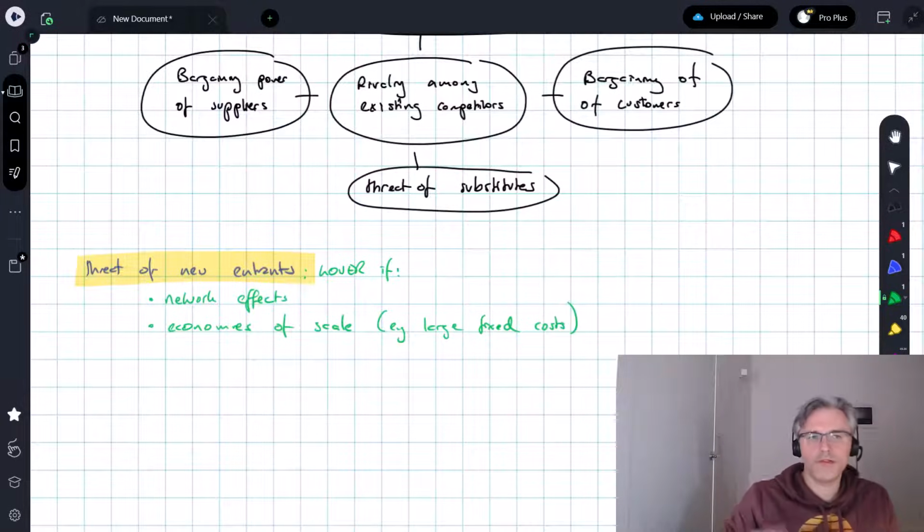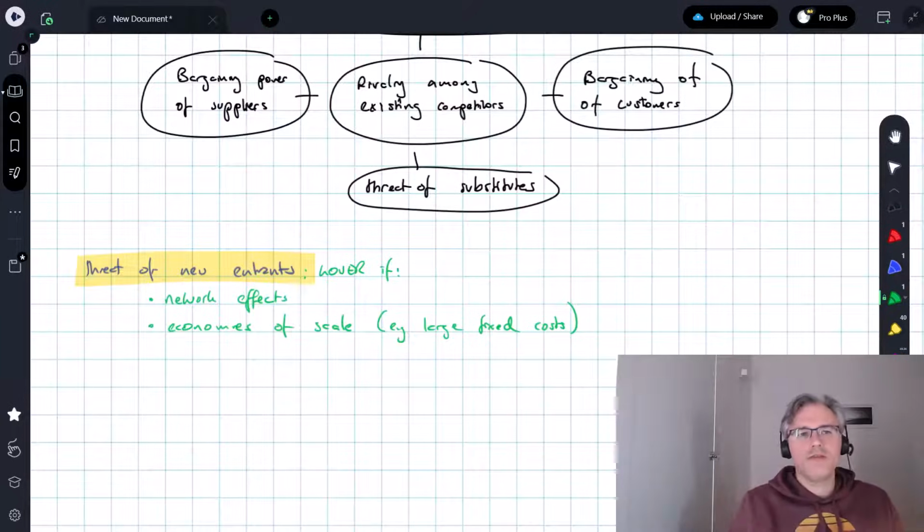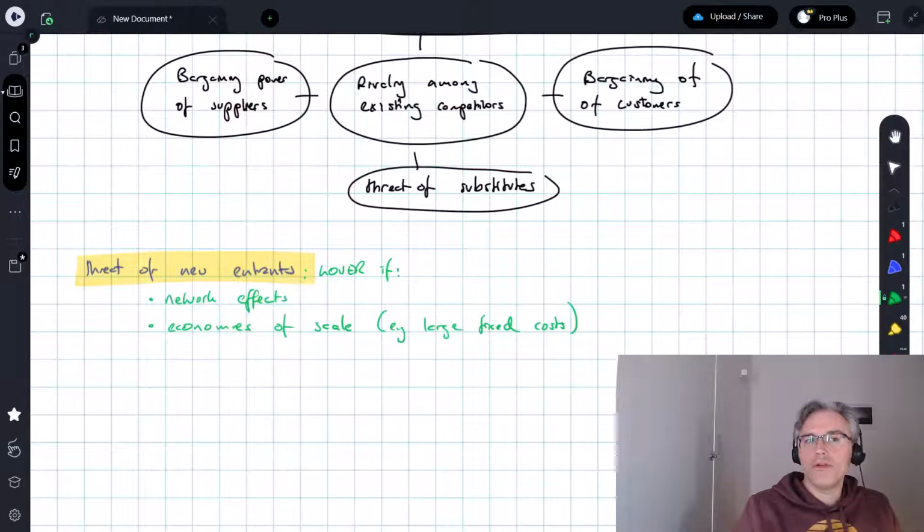If you have to invest a lot of money up front, have a high fixed cost bill, and initially you don't have enough revenue because you haven't grown your customer base yet, that's going to put off new entrants who may think about starting in that industry.